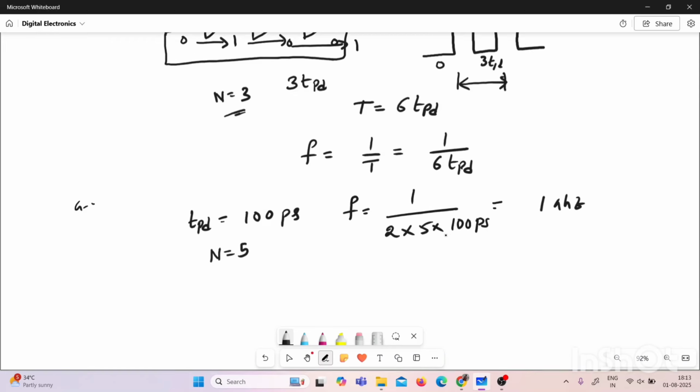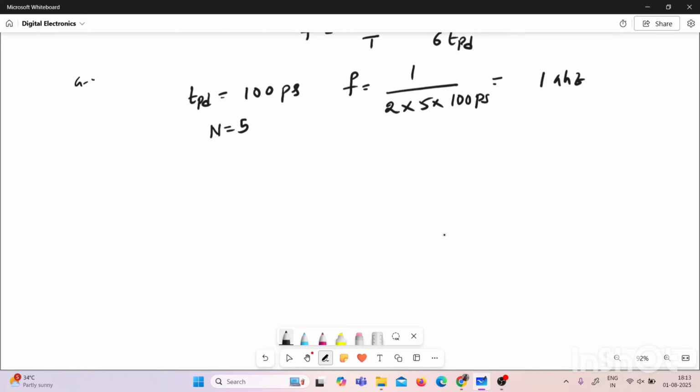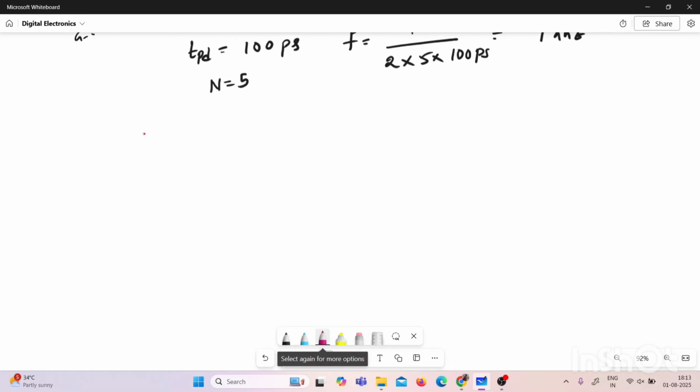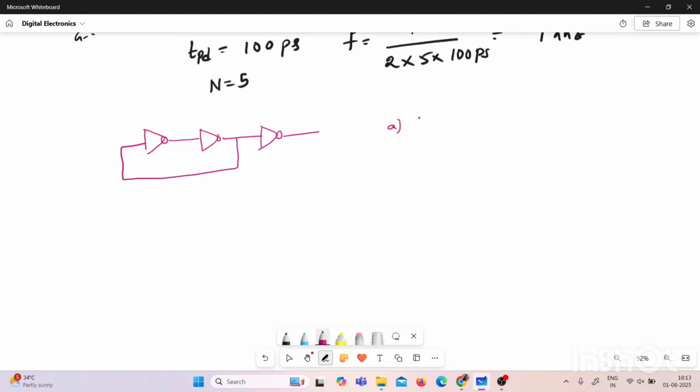And let us solve some other questions based on the NOT gate. Now, in this, there are 3 NOT gates given, but there is a feedback only from the second output. This circuit acts as astable.